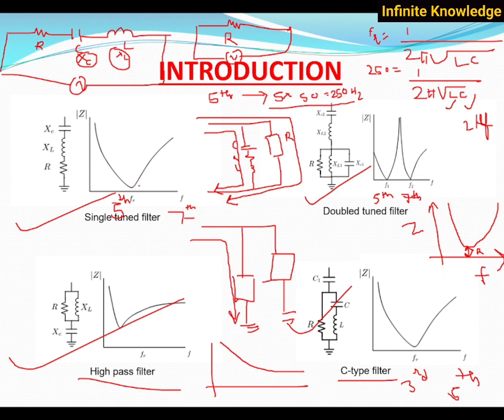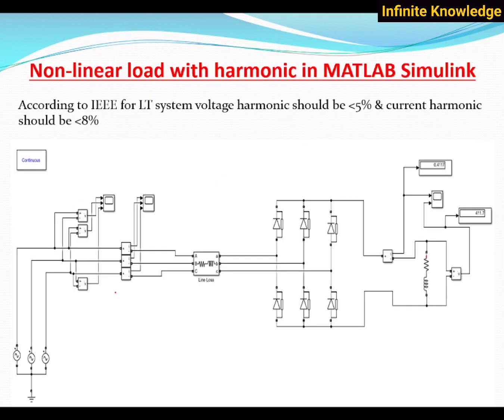It does not go upward sharply, but follows this bending path, so here also we can reduce the majority of harmonics. You can see the response. We will see this response in MATLAB also, so don't worry.